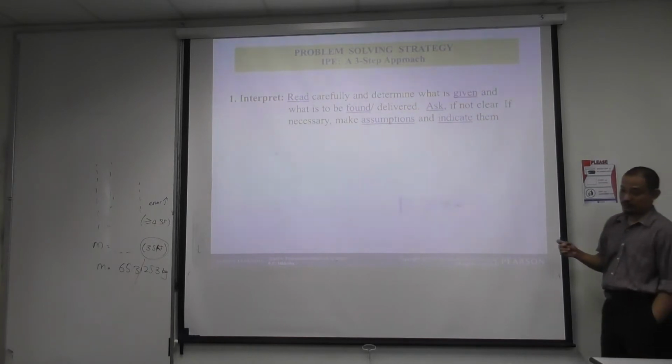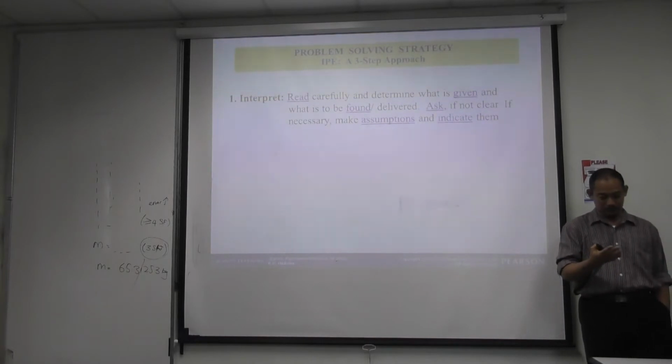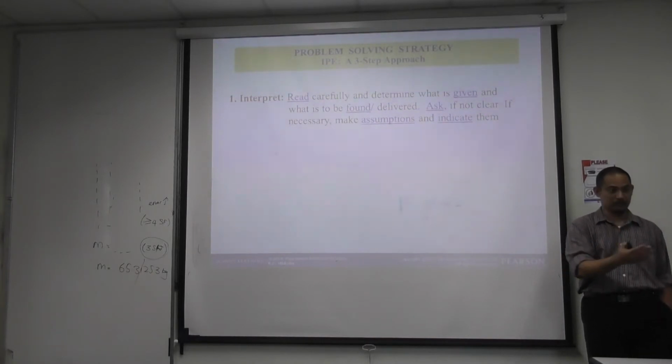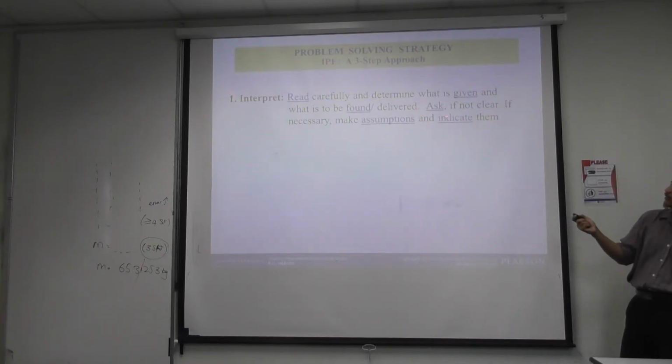In the exam also, the first thing you have to do is ask, what does the question give, and what does the question want? If anything is not clear, make sure you ask. If necessary, make assumptions and indicate them.